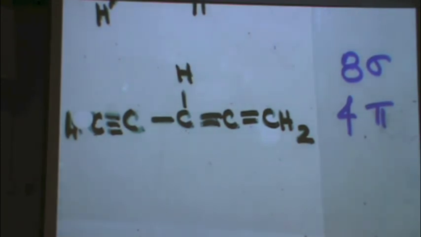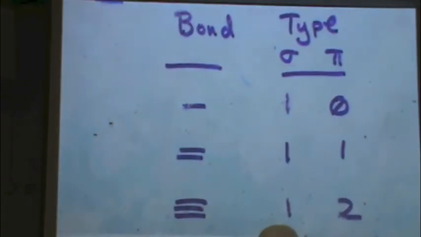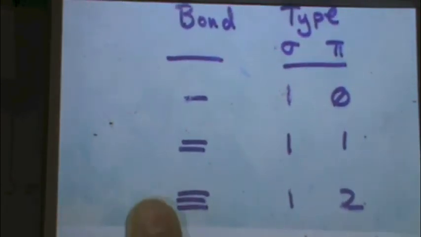A triple bond counts as 1, a double bond counts as 1, a single bond counts as 1. I'm just following the table that I gave you earlier. All these count as 1 sigma, but the triple bond counts as 2 pi's, the double bond counts as 1 pi. This is the key table for counting.